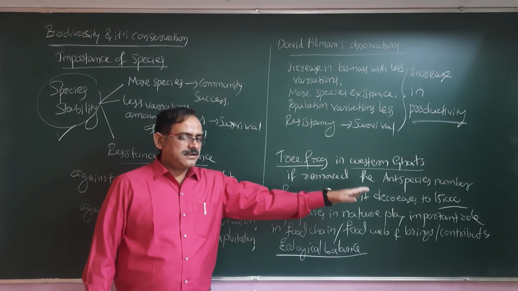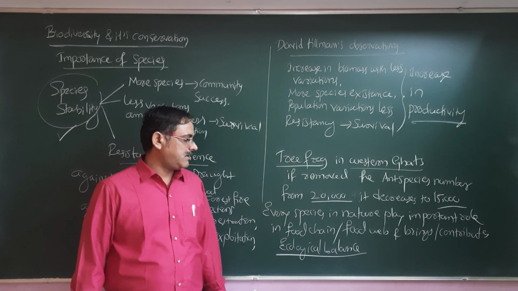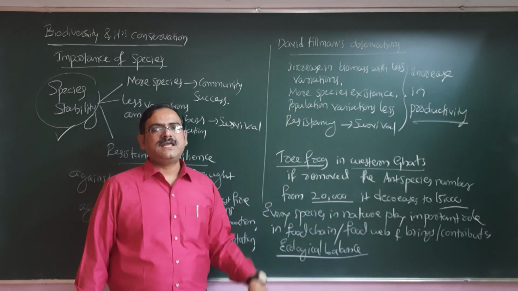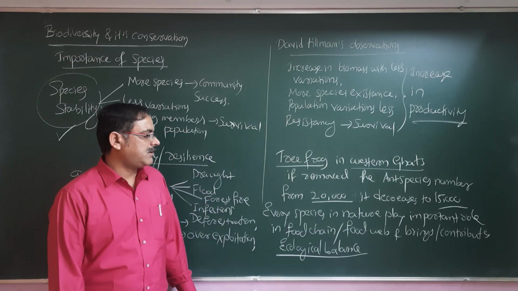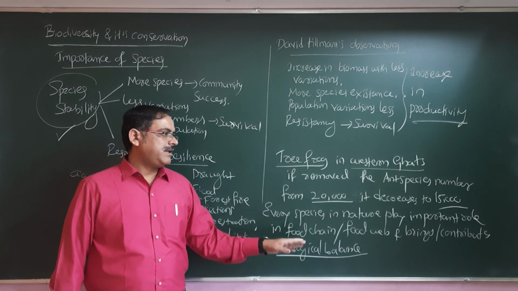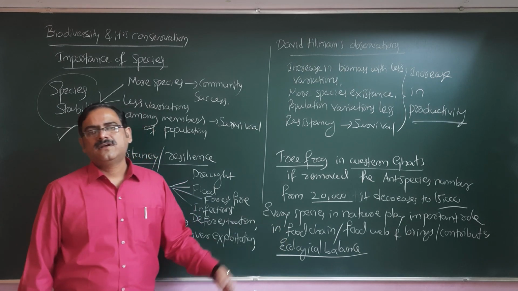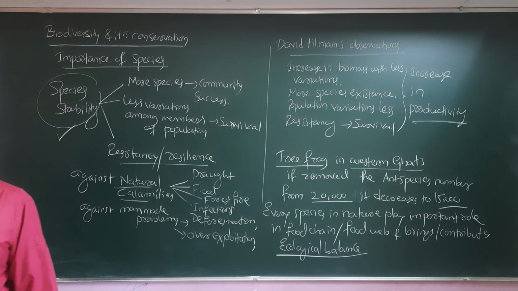It may decrease to 15,000 itself. Thus every species in an ecosystem is very important in the food chain as well as the food web, and contributes to the ecological balance. This is the importance of species.